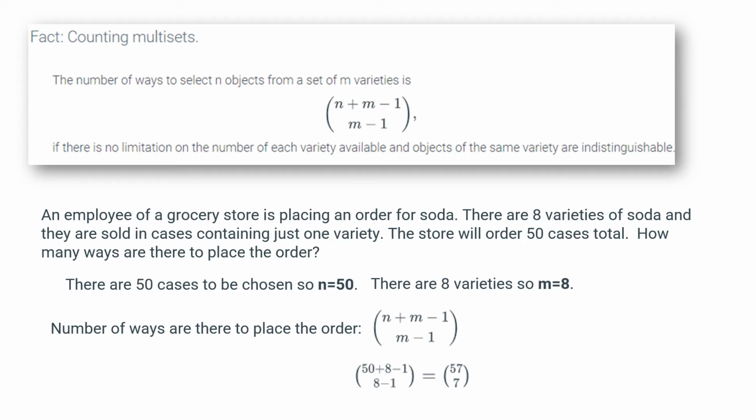Now that we've been given this fact up above, we don't have to think about code words; we can just plug in based on that formula. But I always still think about the code words, because then I really don't have to memorize this formula.